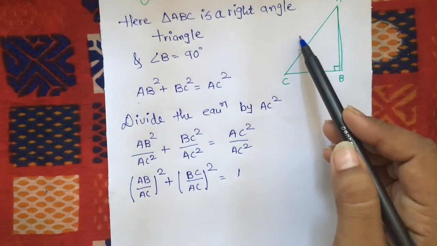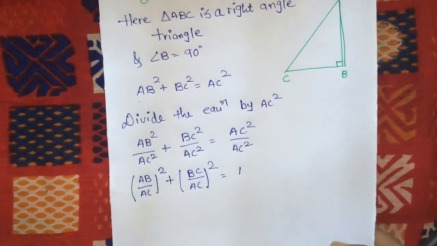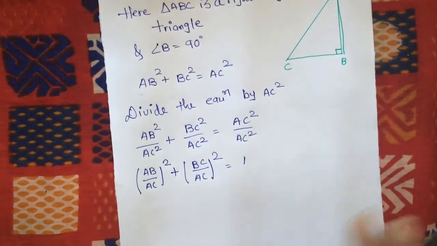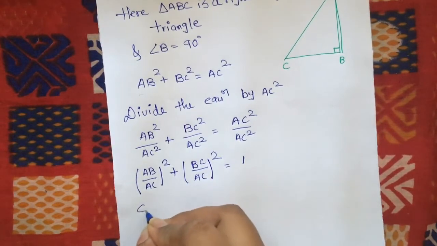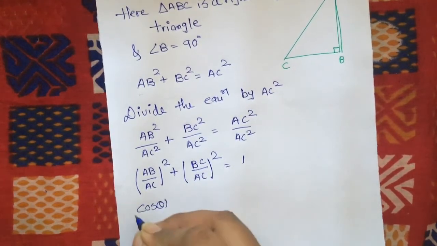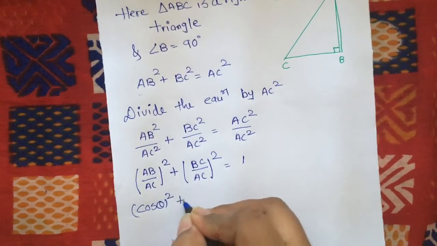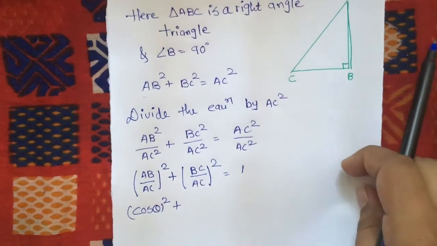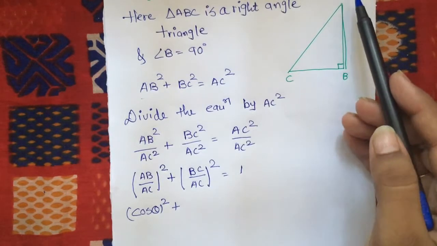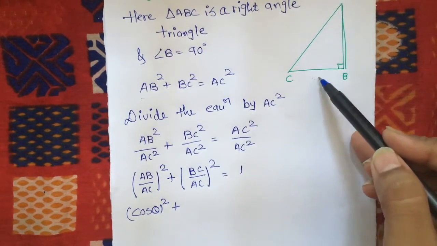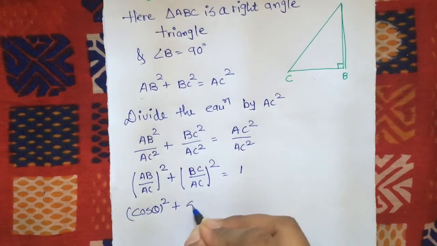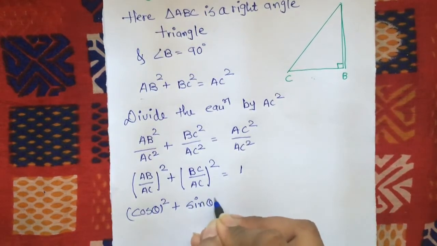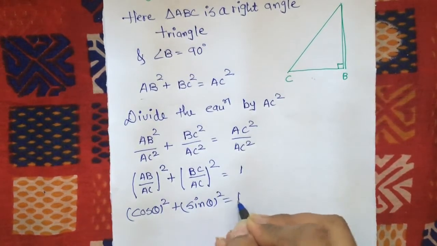So what will this be? Adjacent upon hypotenuse is cos theta, so this is cos theta whole square plus BC upon AC. If we take A as the acute angle, BC is the opposite side, so BC upon AC will be sin theta. So sin theta whole square is equal to 1.